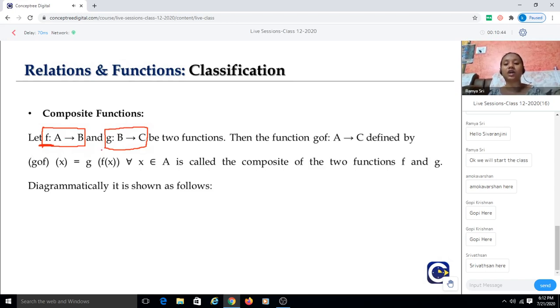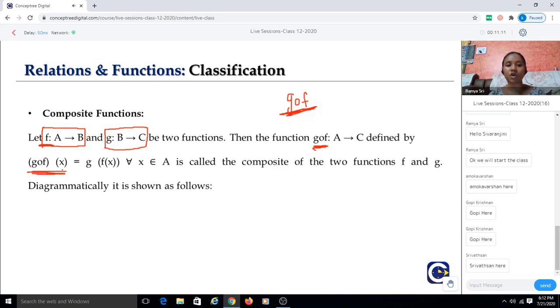So then the function GOF. So there is a function GOF. We even call it g of x. So we represent that as GOF, which is nothing but g of f, right? So this is the function which is mapping from set A to C. So this function is actually denoted by g of x.